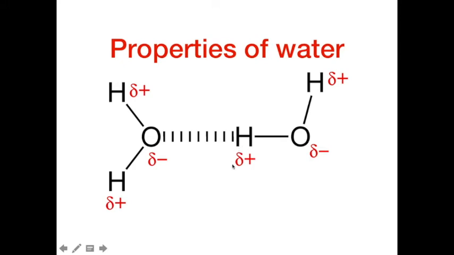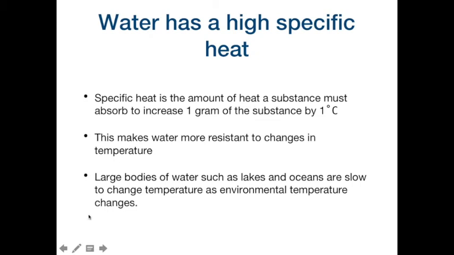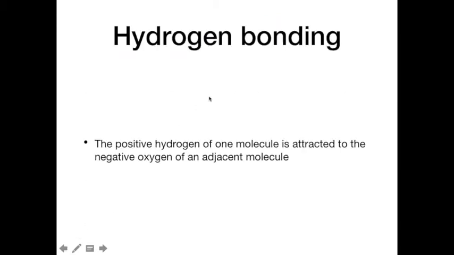This has a slightly positive, this has slightly negative. Therefore, together, there is an attraction, a light attraction though, between them, which is called hydrogen bond. Hydrogen bonding happens between the positive hydrogen of one molecule, which is attracted to the negative oxygen of an adjacent molecule. And this explains most of the properties we are going to view one by one right now.